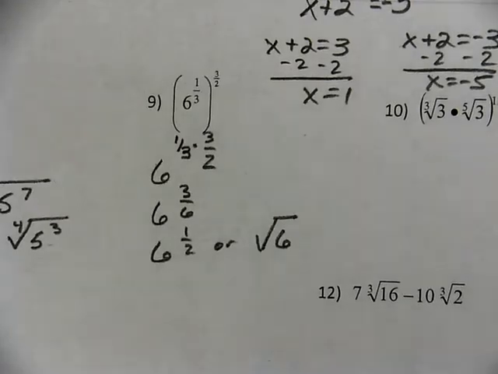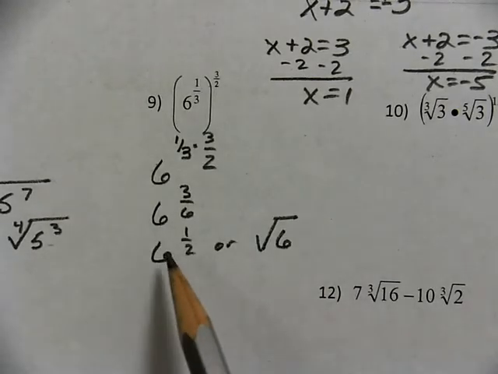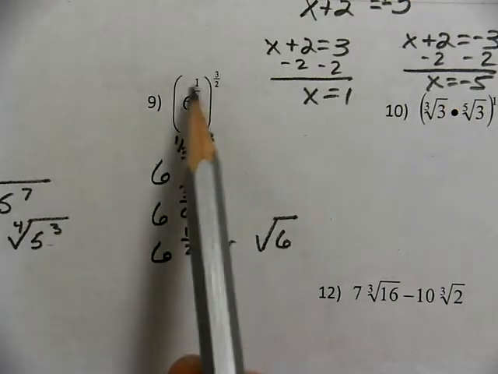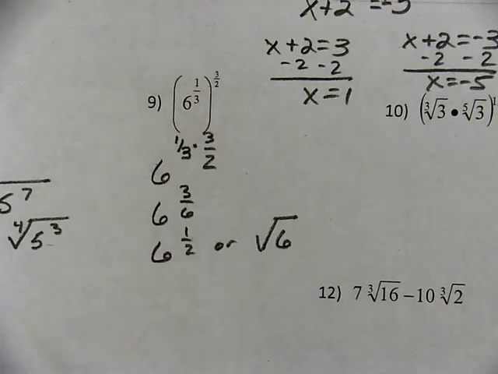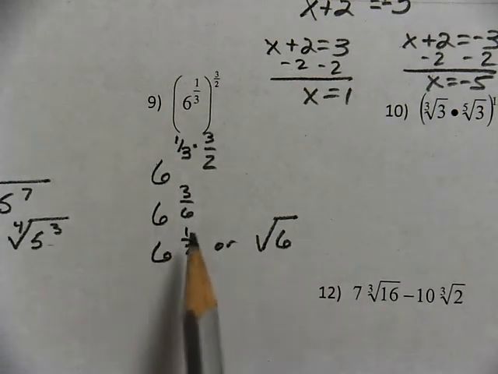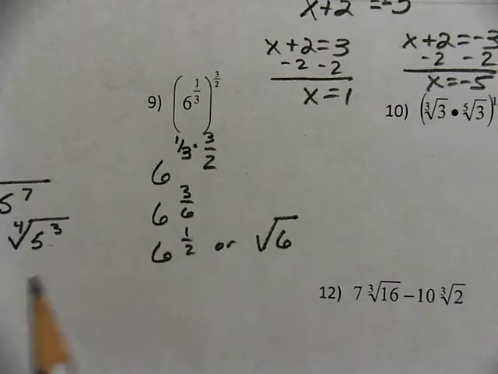Now, if you're trying to figure out which is the correct form to leave it in, most likely you would leave it in fractional exponent form because you started out with fractional exponents. That would be the better form to leave it in. But I want to be sure that you do understand that half power does mean the square root.